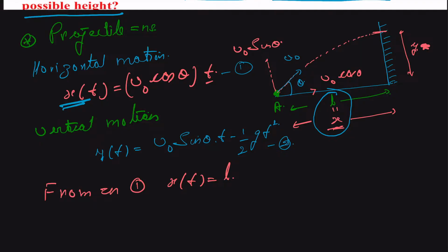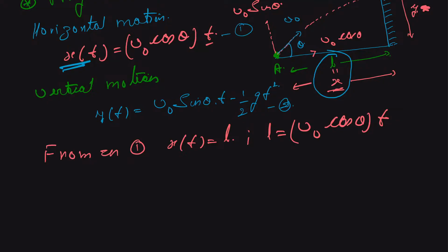And therefore, let me substitute it. We get L is equal to v naught cos theta multiplied by time t. And from here we can write the equation for time t: time t will be equal to L over v naught cos theta.